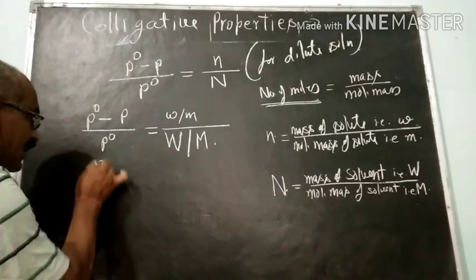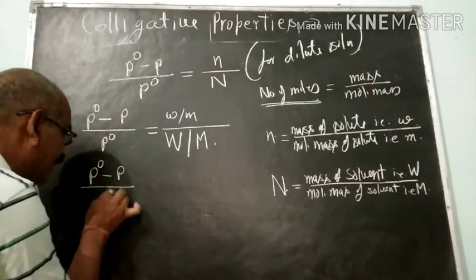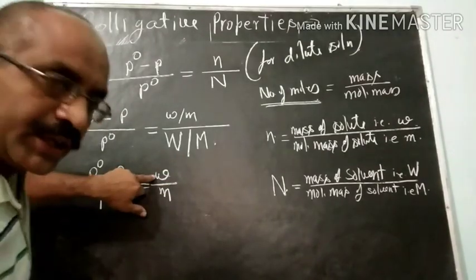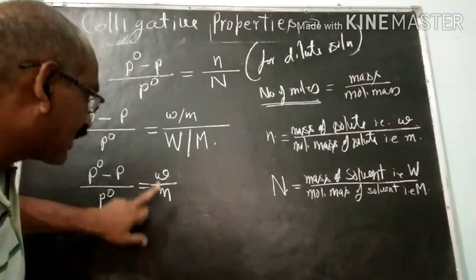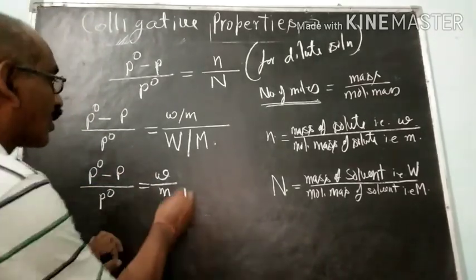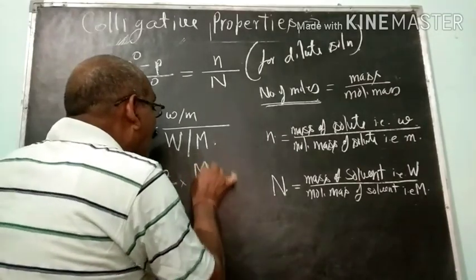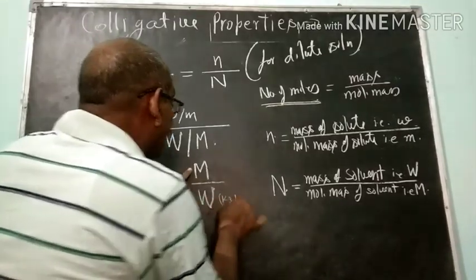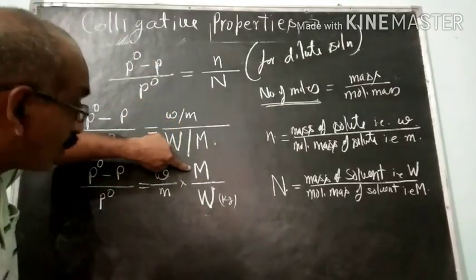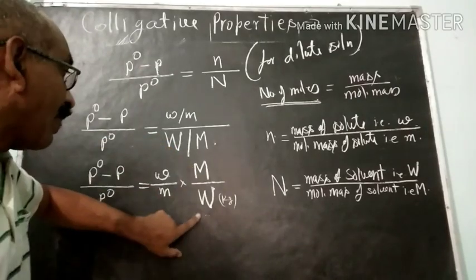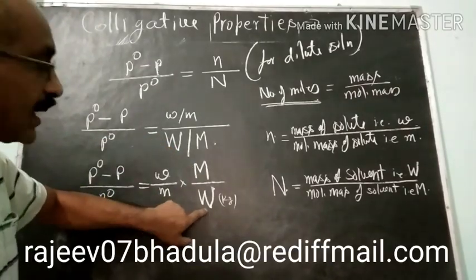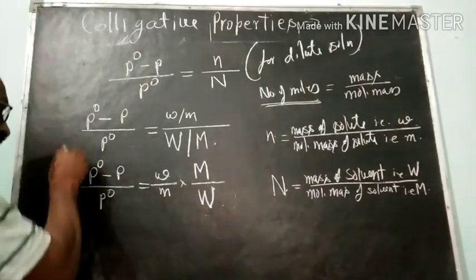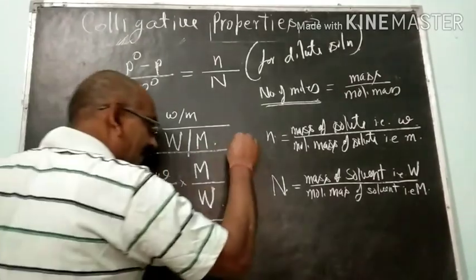See, it means it is P naught minus P over P naught equals w over m into M over W. This small w denotes the mass of the solute, small m denotes the molecular mass of the solute, capital M denotes the molecular mass of the solvent and capital W denotes the mass of the solvent.